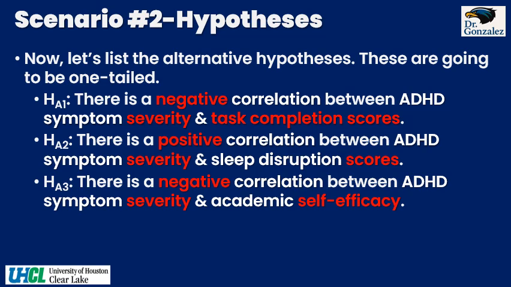Okay? And then the third one, there would be a negative correlation between ADHD symptom severity and academic self-efficacy. So how effective I am academically is going to be negatively correlated with my ADHD symptomology. If I say my symptoms are severe, I'm going to have a low rating on my effectiveness academically.